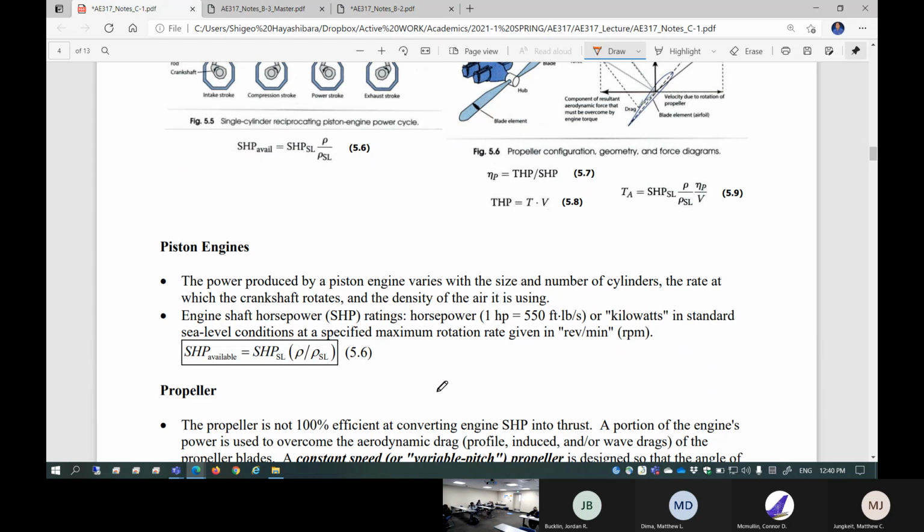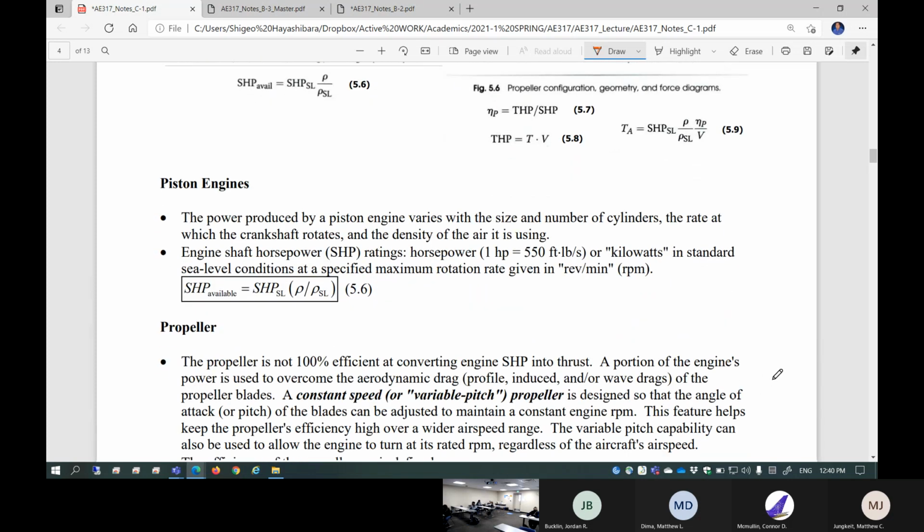Engine shaft horsepower SHP rating is in horsepower or kilowatts at standard sea level conditions at a specified maximum rotation rate. SL stands for sea level. As you increase your altitude, of course, you're going to lose shaft horsepower. So the maximum possible shaft horsepower is available at sea level only.